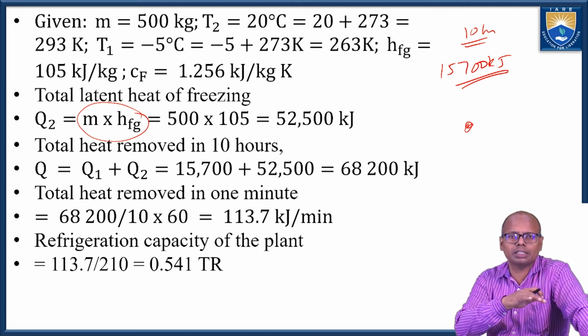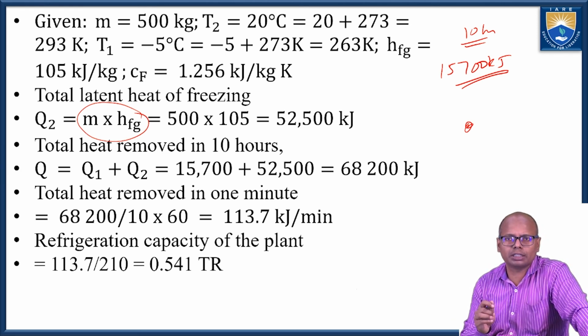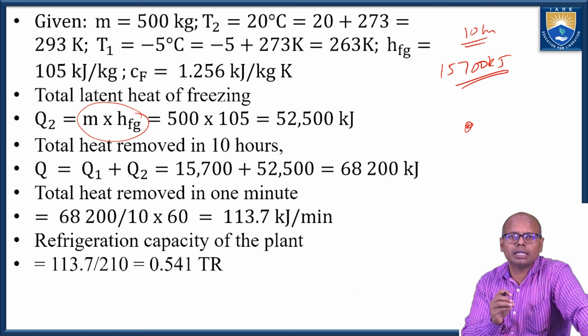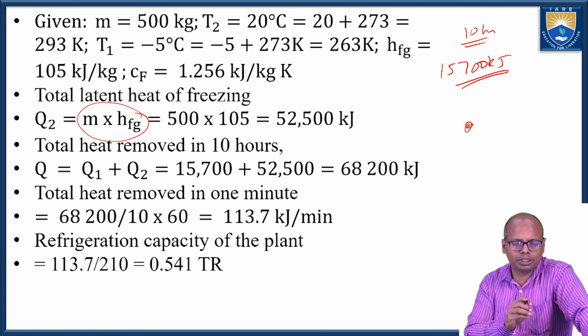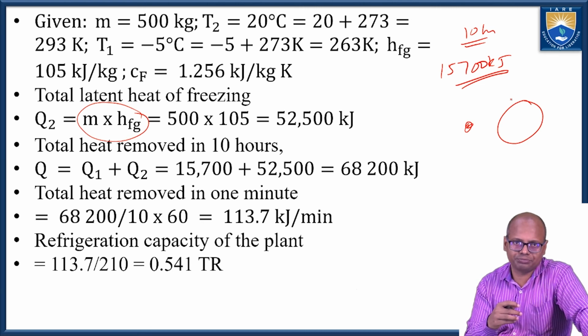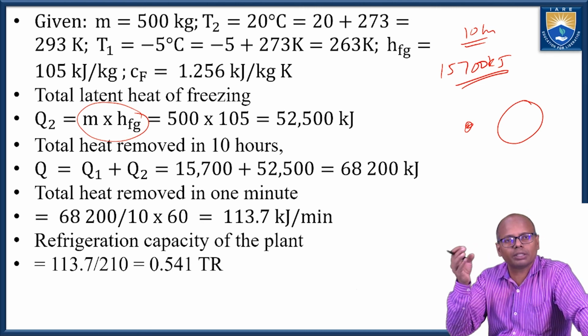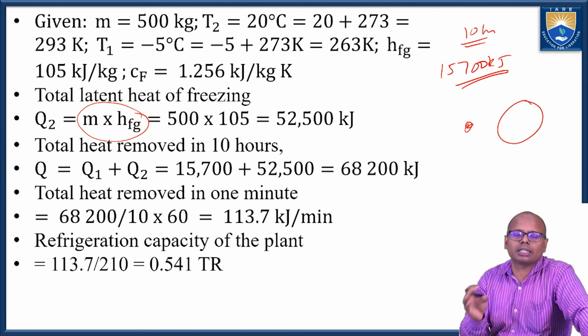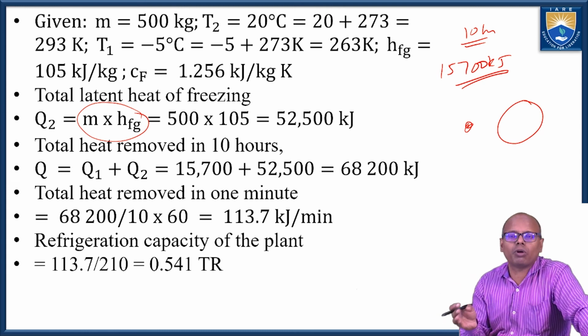So previous one is change in temperature. Now at this point, I am finding the heat extracted for change of state from liquid to solid, since the fruits have some liquid content, and that liquid content is becoming solid. For that change of state, what is the amount of heat to be removed?